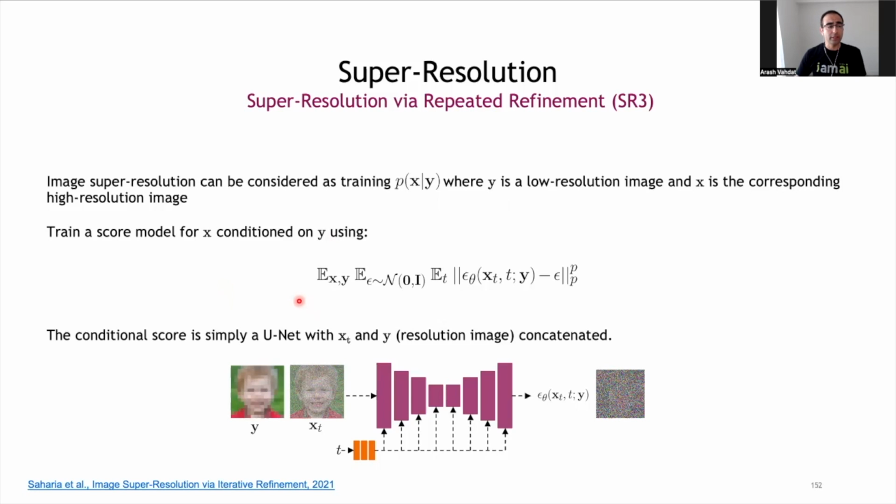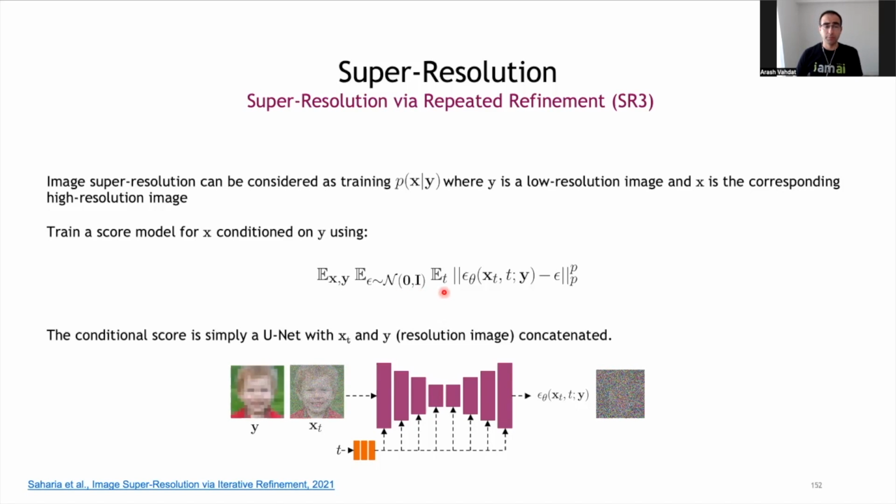In order to tackle this problem, the authors proposed to train a conditional diffusion model using this objective. Here in this objective, we have expectation over pairs of high resolution image x and low resolution image y. We have expectation over epsilon, which is drawn from a standard normal distribution.